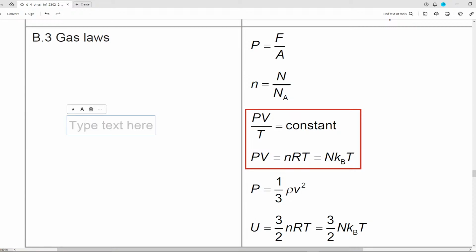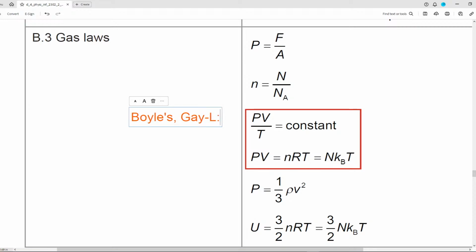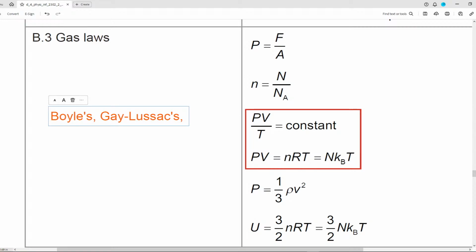First is what we call the empirical gas law. The empirical gas law is what we found through experimentation, which includes Boyle's law, Gay-Lussac's law, and I'm forgetting one person. Let me look at my cheat sheet.